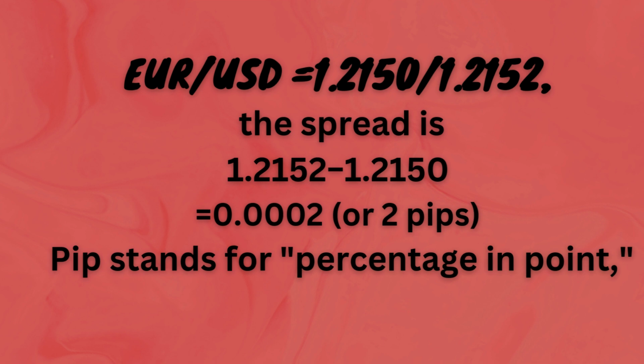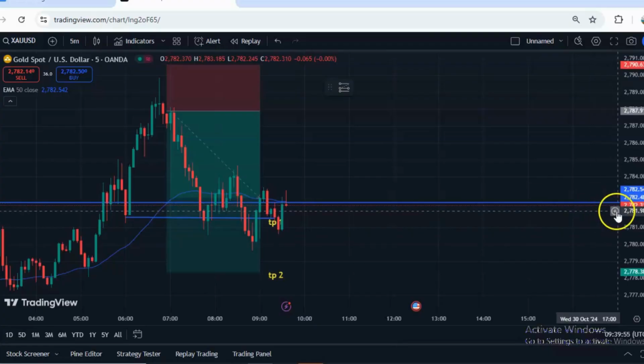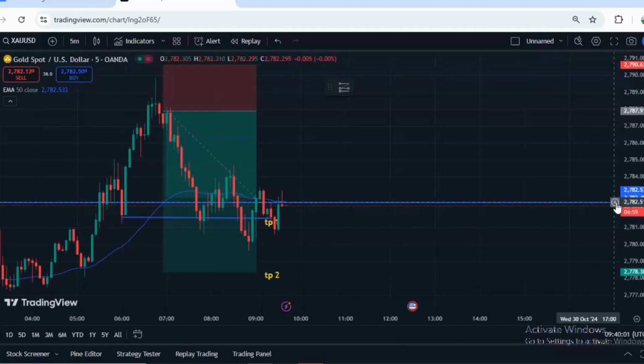Pips stands for percentage in point. Let's say you wanted to enter the market at 2782.4. When you click buy, the broker is going to take you, let's say, 2 or 3 pips up. It really depends on the broker that you are going to use.